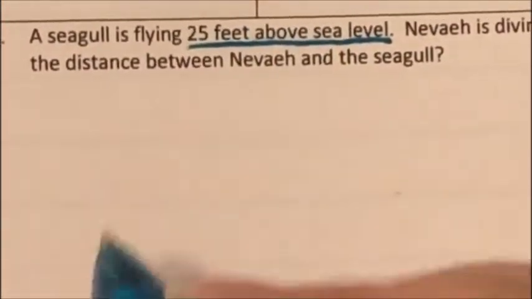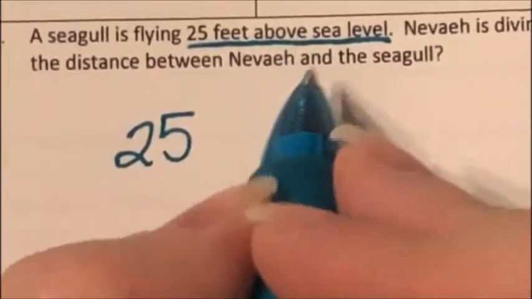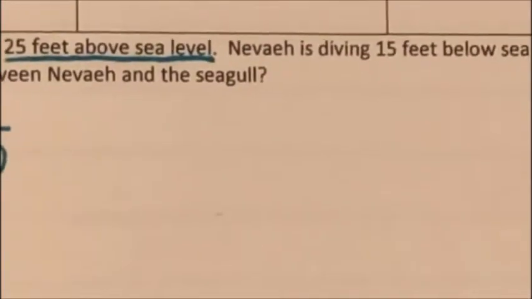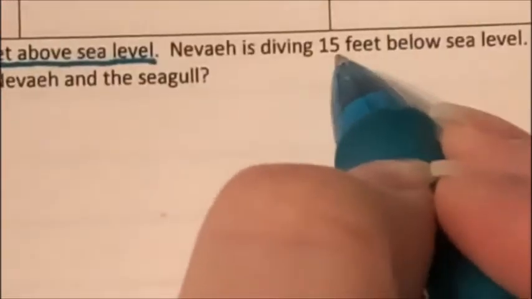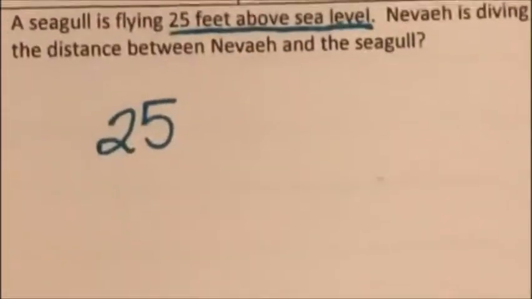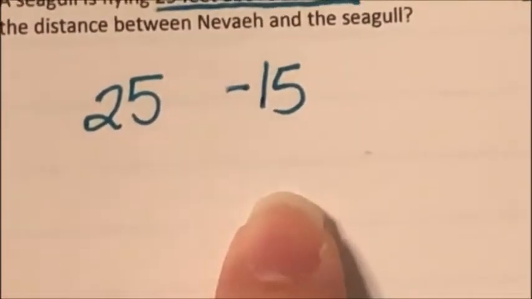So the integer that I'm going to write for that is a positive 25 because it's above sea level. Okay, and Nevaeh is diving 15 feet below sea level. So that's a negative integer, minus 15. So these are my two integers, 25 and negative 15.